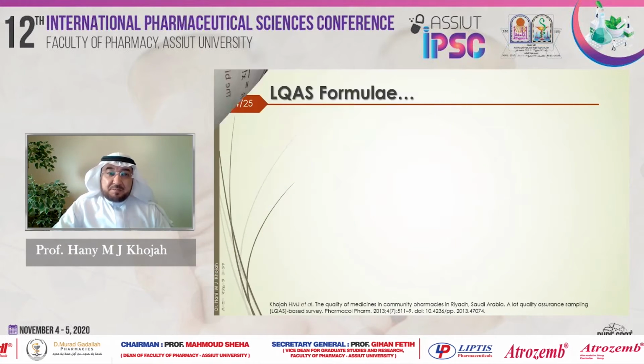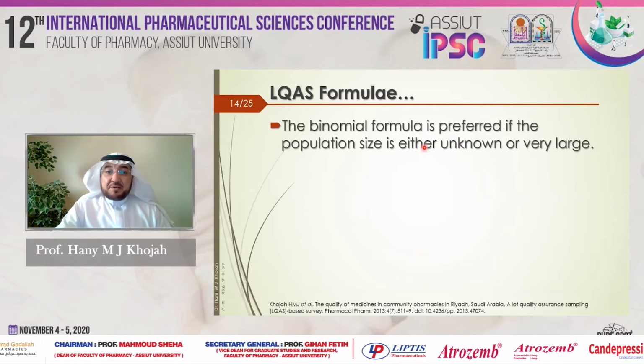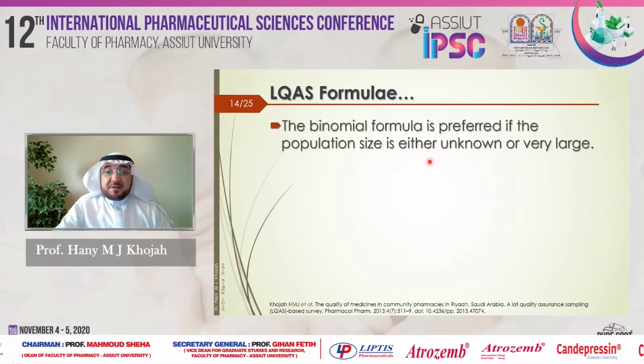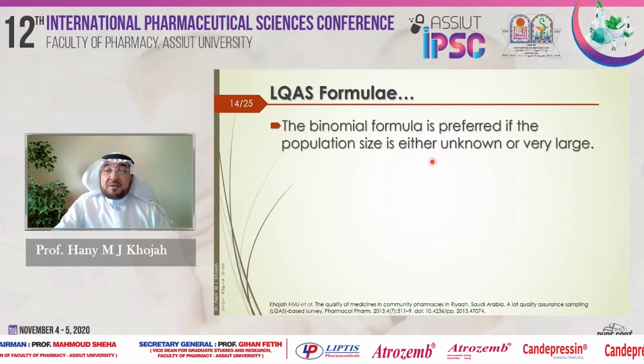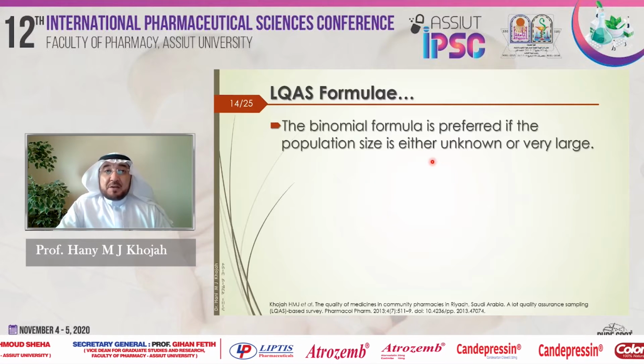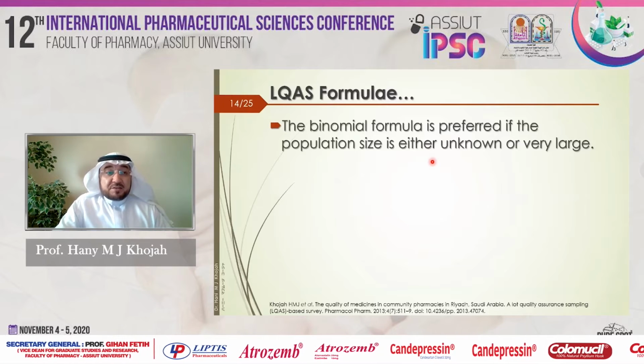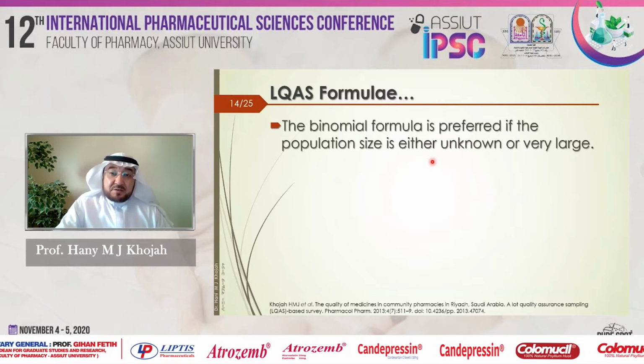What are the differences between them? The binomial formula is preferred if the population size is either unknown or very large. Let's say you have a geographic region, you don't know the number of pharmacies in this region. It's unknown to you, or let's say it's very large, it's in thousands.